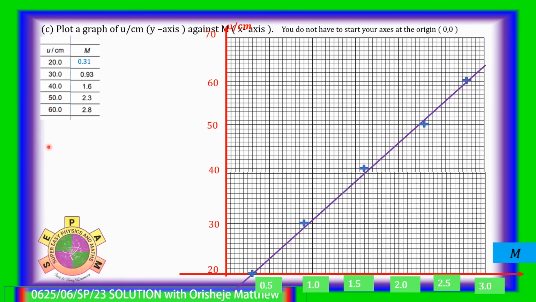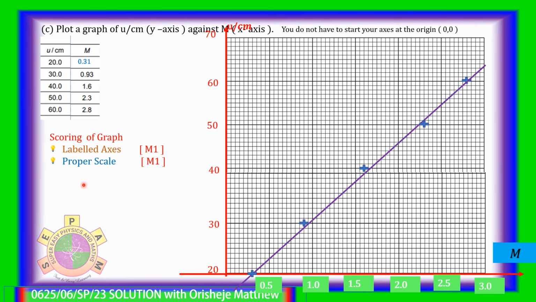So let's look at the scoring of the graph. For labeling your axis, you have one mark. The plotting of a graph in the physics IGCSE alternative to practical is always 4 marks.